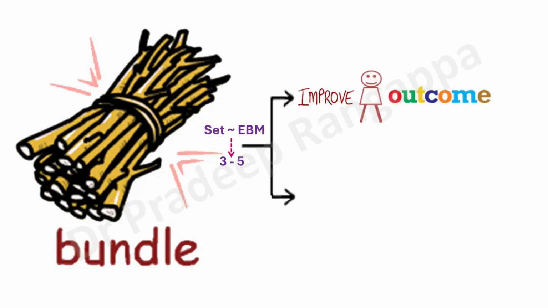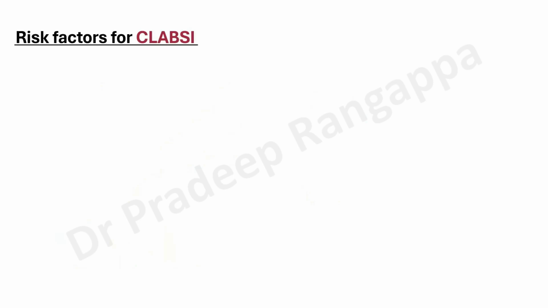This has been shown to improve patient outcome and the processes involved in preventing and mitigating CLABSI. It is a set of rules, processes, or postulates that we package together and apply to the patient with the intent to reduce CLABSI and improve patient outcome.